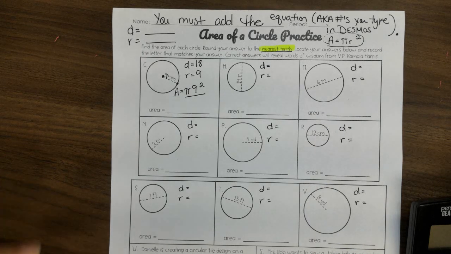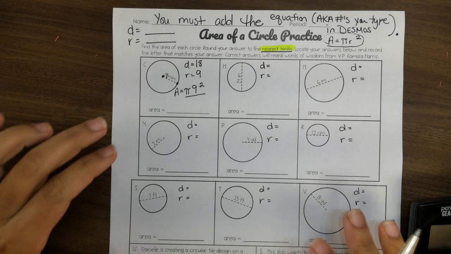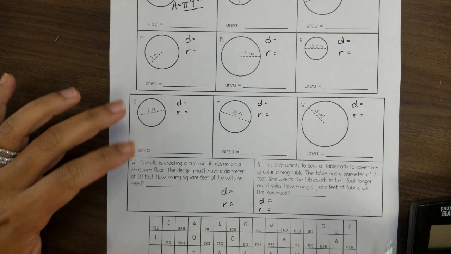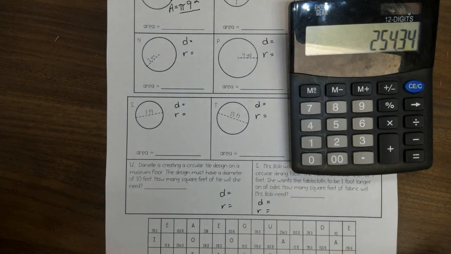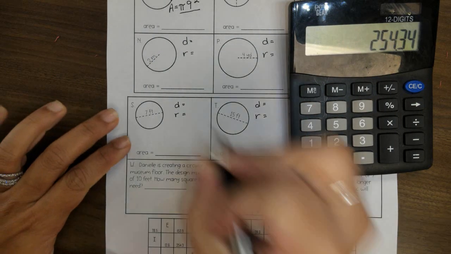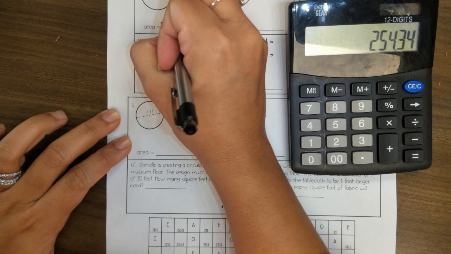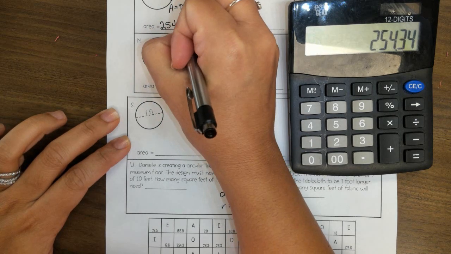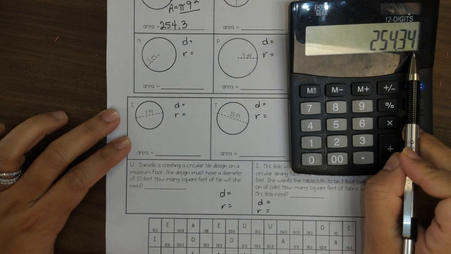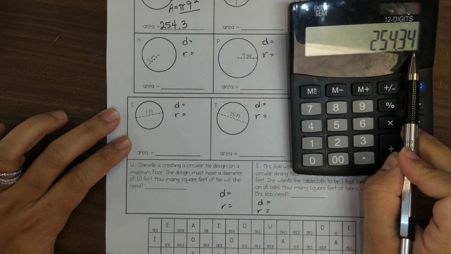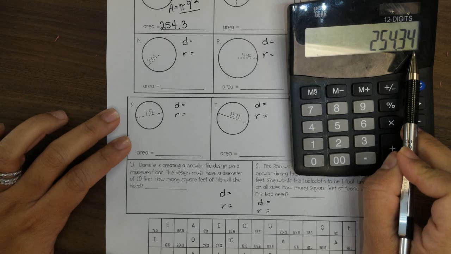Now, if you use the pi button in Desmos, it may be a little bit off, but that's okay. So my answer again was 254.34. So 254 point, and I'm going to put a 3 because in that hundredths place it's 4 or less, so we're going to let it rest. Now, if it was 5 or more, we would raise the score, right?